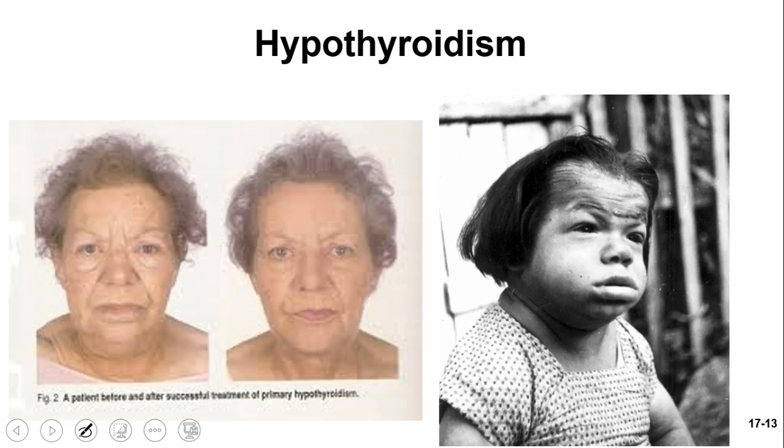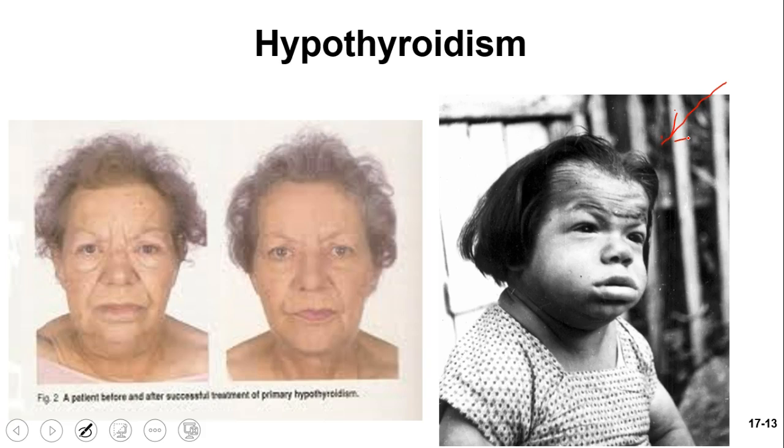Finally, we have hypothyroidism, and hypothyroidism can be the result of 2 different things, okay? If it's present during development, and this is fetal development, you get something called cretinism, and that's the picture over here.